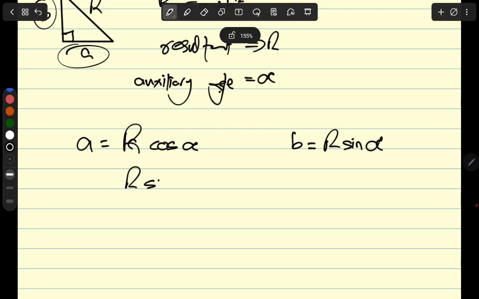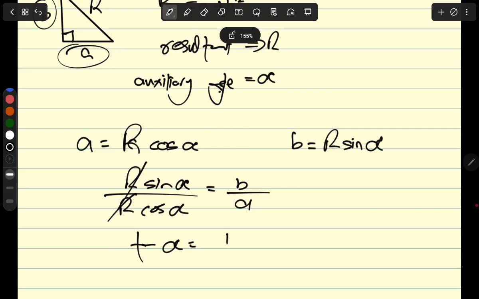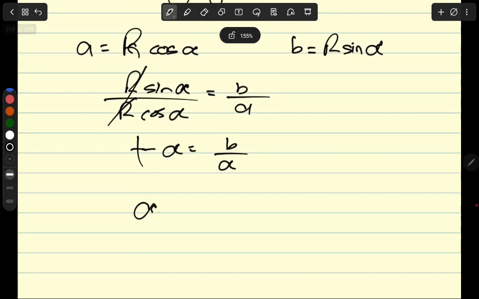So r sin alpha upon r cos alpha is equivalent to b upon a, and I can cancel the r in the numerator and denominator. So I have tan alpha equal to b upon a, and therefore alpha becomes tan inverse of b upon a.